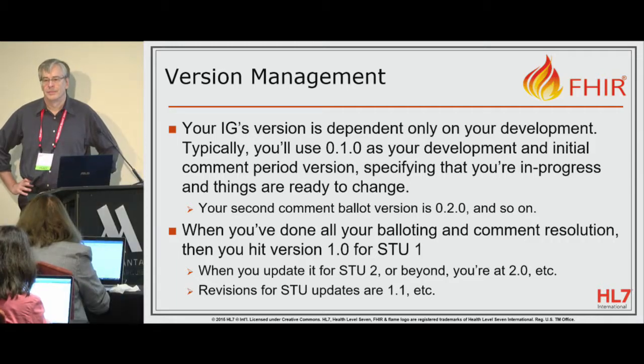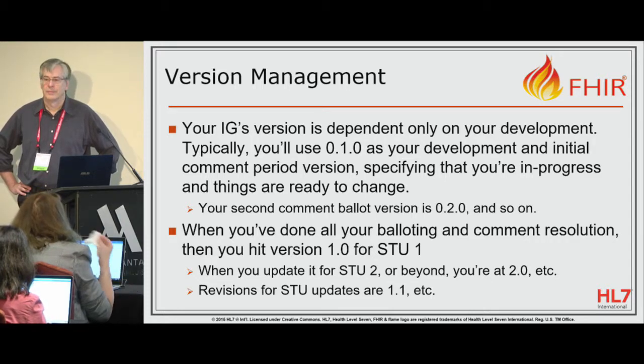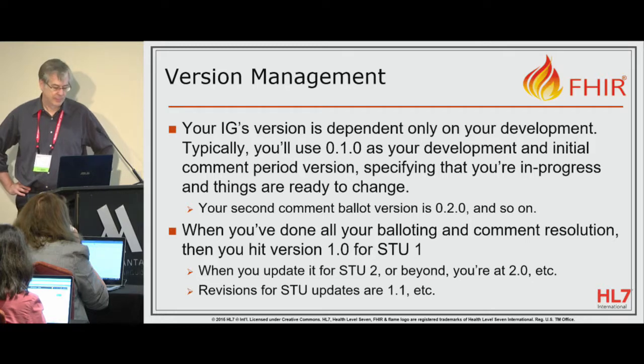So if you go in and fix a bunch of spelling errors and grammar and formatting stuff, but do not change the functional expectations of the implementation guide at all, then you increment the last digit. So we have done last digit increments on the core specification for most releases. We're going to be doing one for R4 soon.